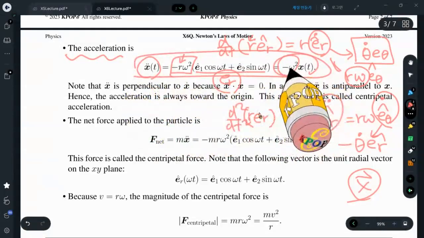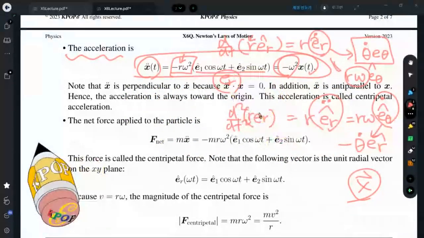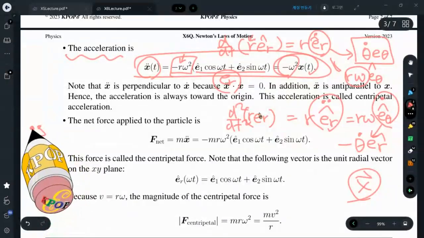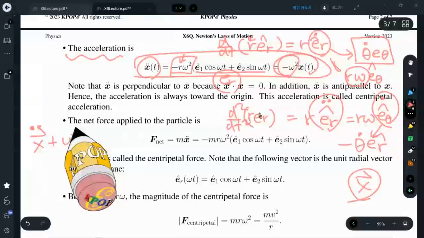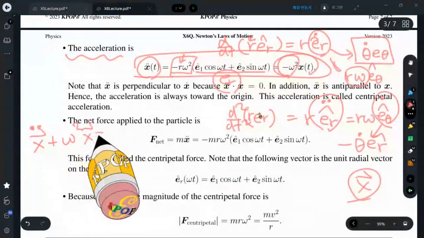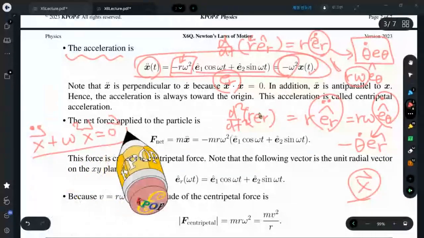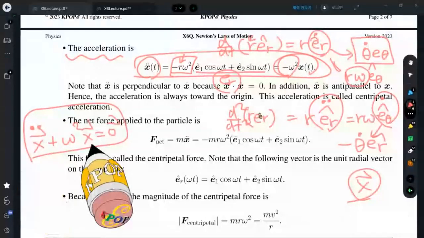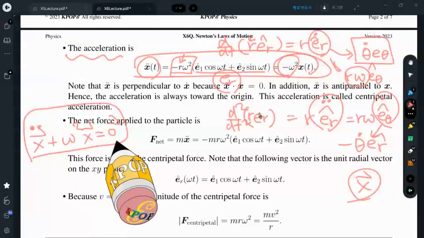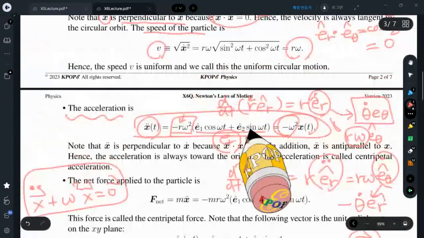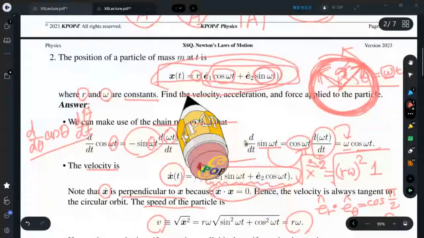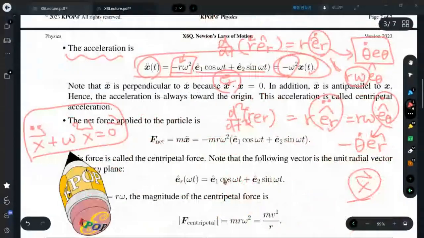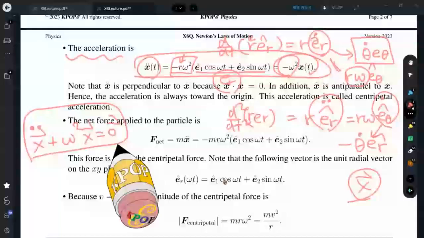If I move this to the left-hand side, we will find acceleration plus omega squared x equals a zero vector. Actually, this is a two-dimensional harmonic oscillator. We already know the answer because we began with the answer. This answer satisfies this kind of vector equation.